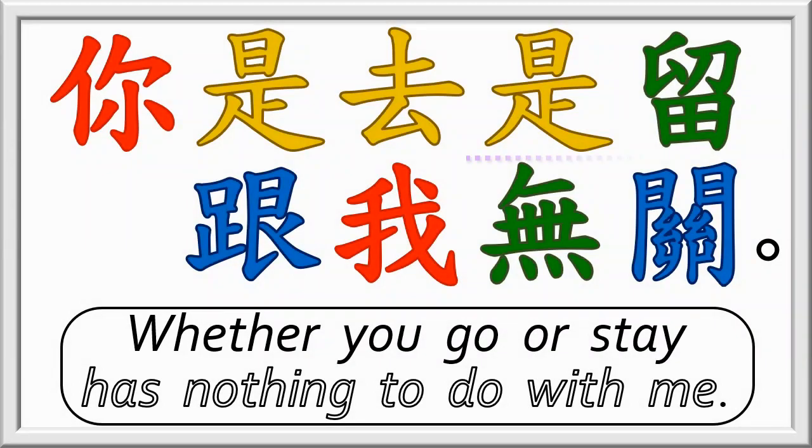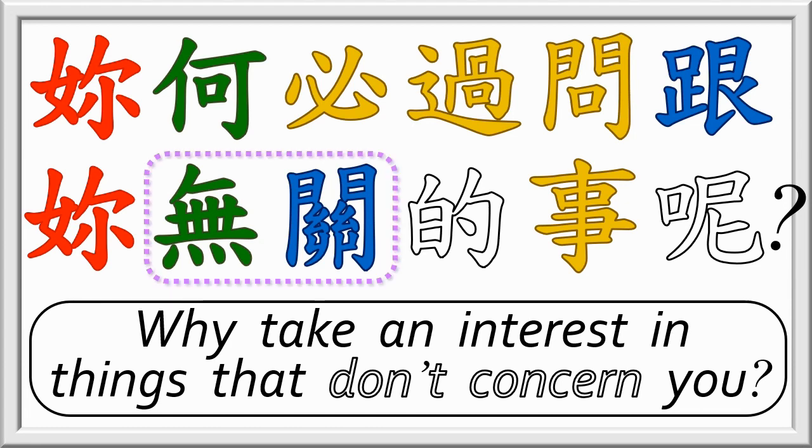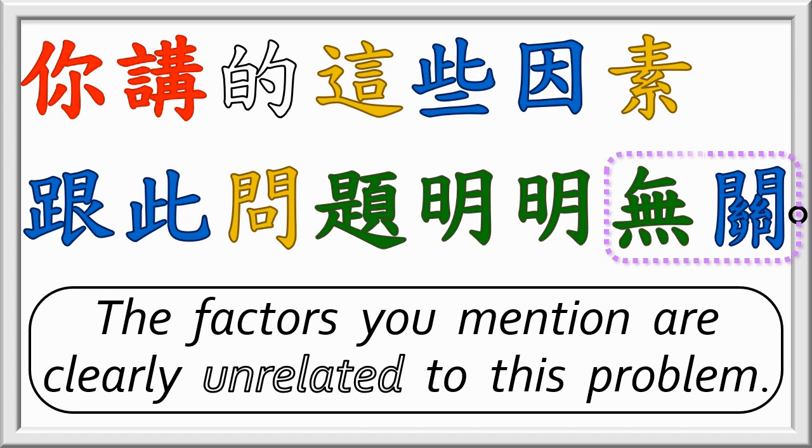She may be added, but is not necessary in this expression. 无关 therefore means irrelevant, things having nothing to do with each other. 你是去是留，跟我无关。Whether you go or stay has nothing to do with me. 你何必过问跟你无关的事呢？Why take an interest in things that don't concern you? 你讲的这些因素跟此问题明明无关。The factors you mention are clearly unrelated to this problem.